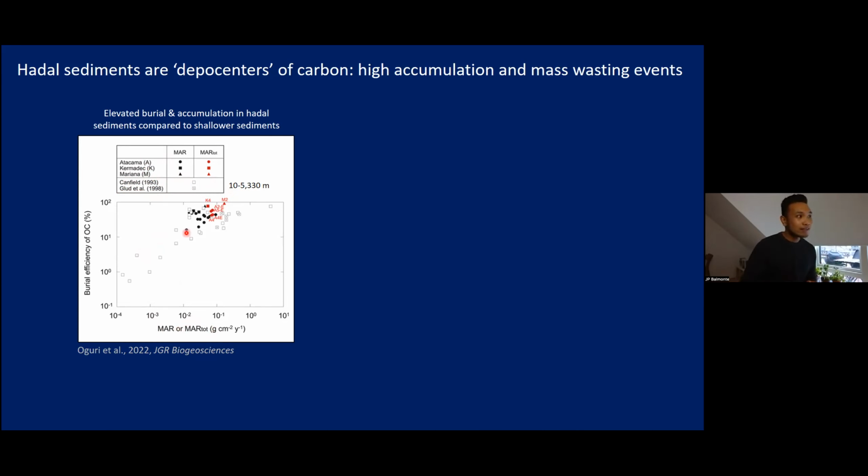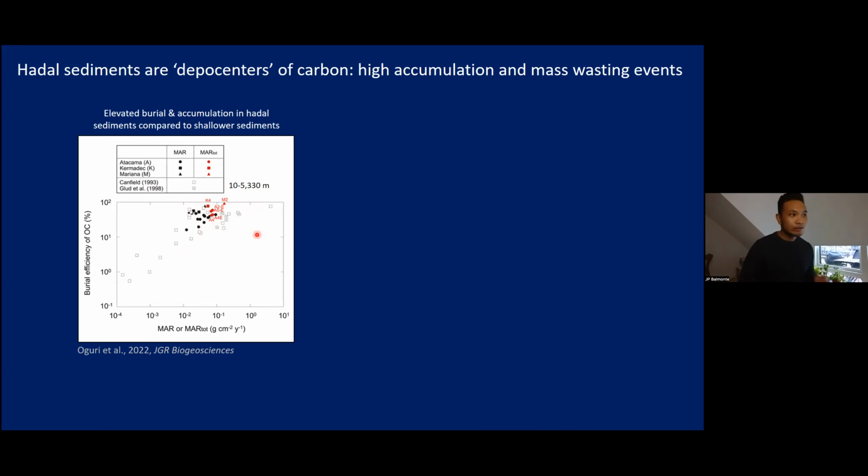And what they find is that trenches are all the way at the higher end of this trend. So they have very high burial efficiency of organic carbon, and as a result, high mass accumulation rate. So there's a lot of carbon relative to other parts of the ocean seafloor. There's a lot of carbon that's reaching the sediments in Hadal trenches.